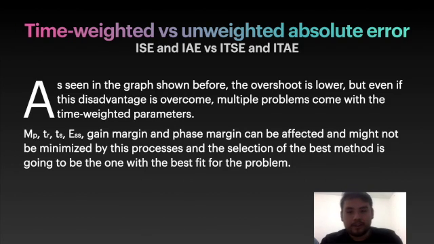So for these two processes, the rise time, the maximum overshoot, the settling time, and the steady state error, and also gain margin and phase margin can be affected and might not be minimized by the problems with the time weight, but we have for that case the other unweighted errors. So this is, for example, to fit problems in which the ITSE or ITAE cannot reduce the overshoot or have a higher error in the steady state.